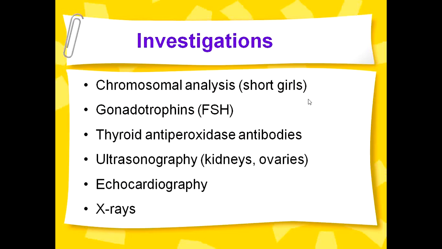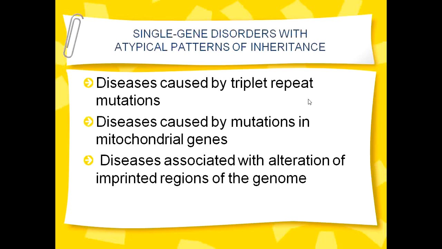Investigations include chromosomal analysis for a short girl, gonadotrophin levels, thyroid antiperoxidase antibodies, ultrasonography for kidney disorders and for rudimentary ovaries, echocardiography for heart defects and aortic coarctation, and X-ray for bones.